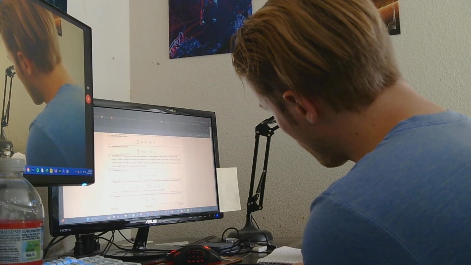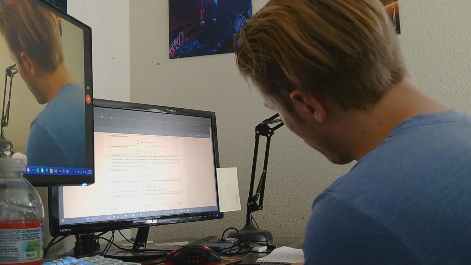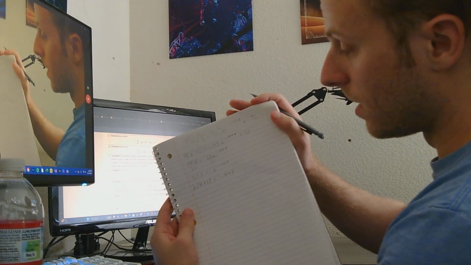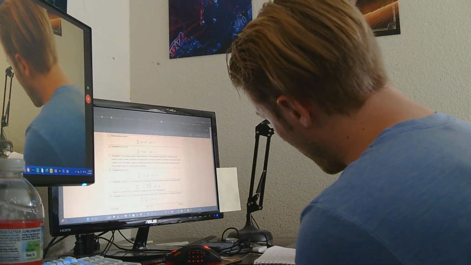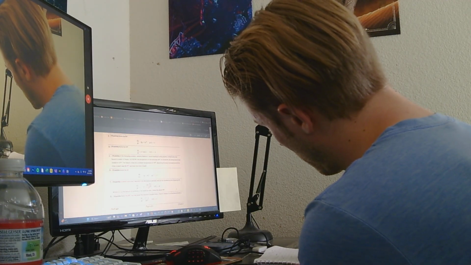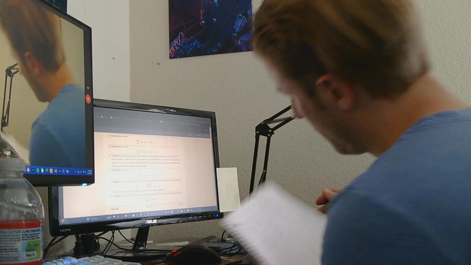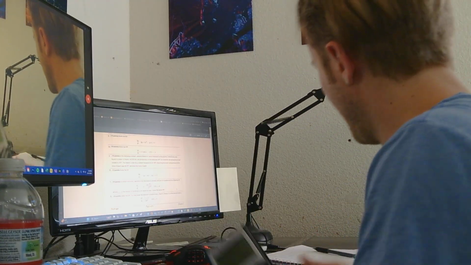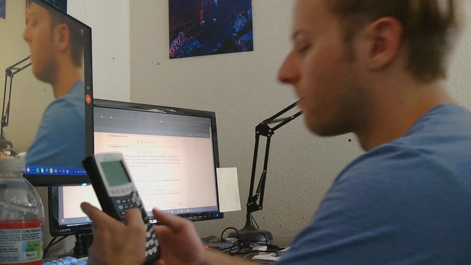Alright, to isolate the t, we're going to take the natural log of both sides, so ln of 4.43 equals minus 0.144t. Now we'll divide both sides by minus 0.144. This value is going to give us our t, the time of when he was at 98.6 degrees, when he had just freshly died.